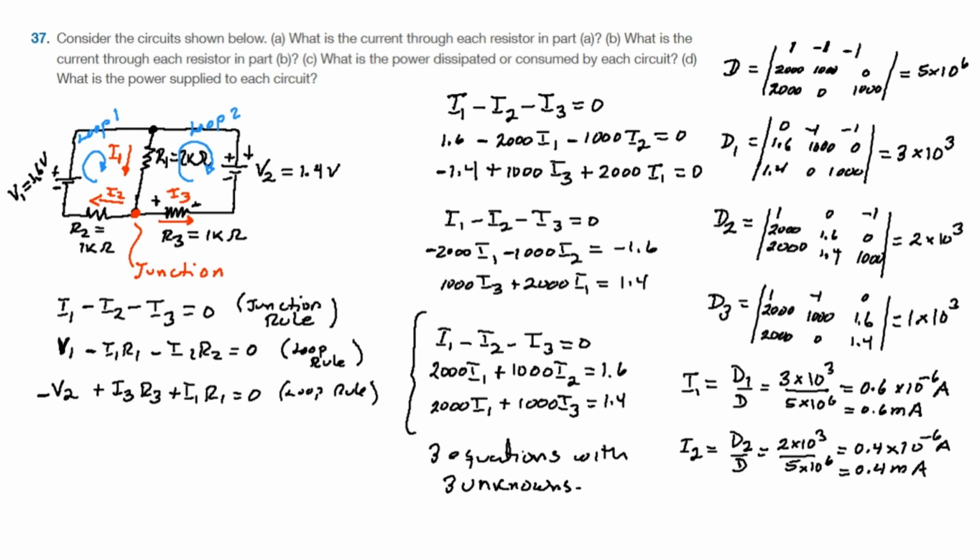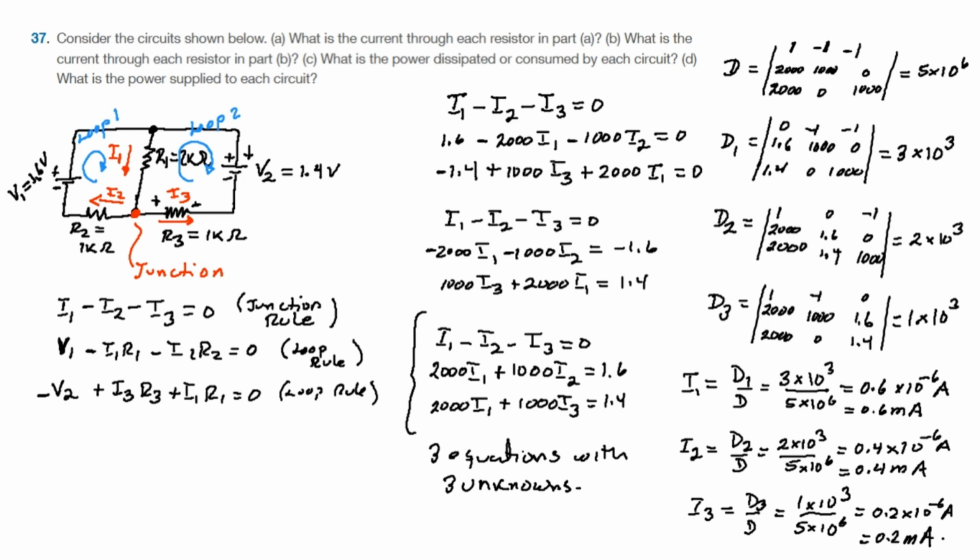And I3 would be D3 over D, which is 1 times 10 to the third divided by 5 times 10 to the 6, which is 0.2 times 10 to the -6 amperes, or 0.2 milliamperes.